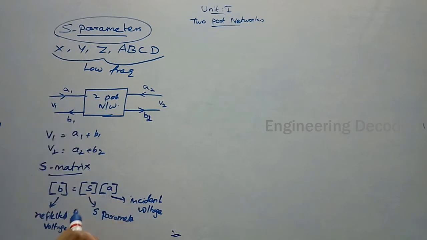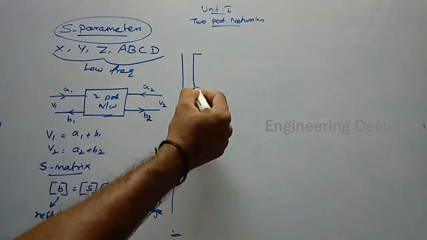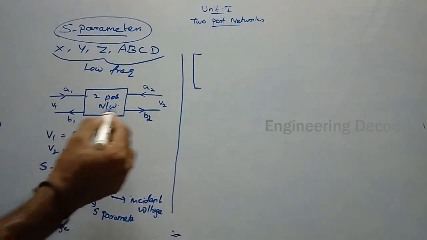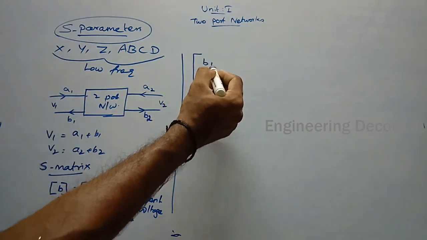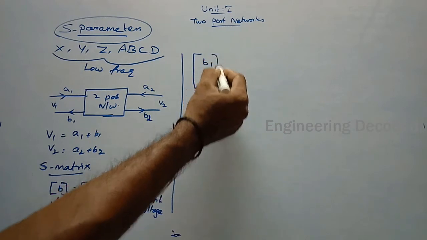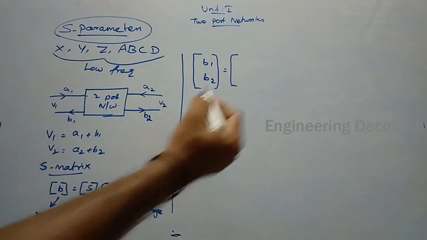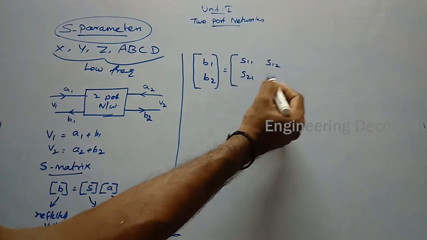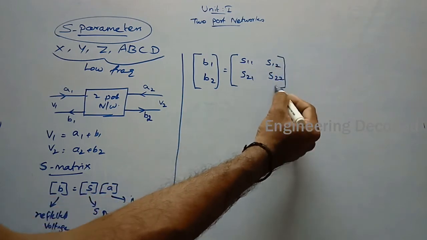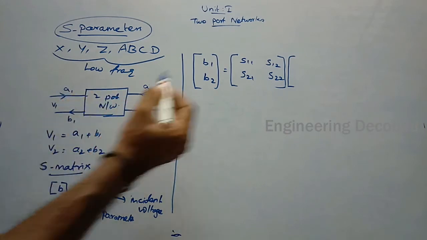Here it's a two-port network, so we can write it. B is nothing but the reflected wave. So here you have two reflected waves, B1 and B2, equal to S, which can be written as S11, S12, S21, S22, into A. A is nothing but the incident waves, A1 and A2.